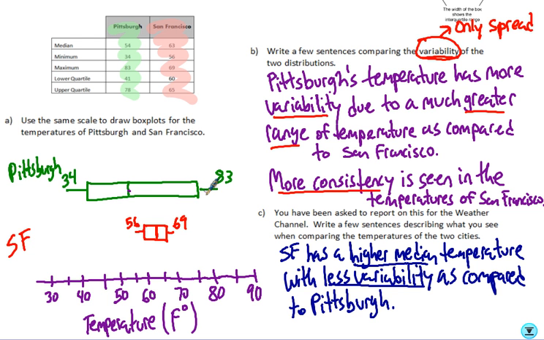So we could say that this one is skewed right, meaning that when it's warmer, the temperatures are more spread out. Or we could say that this one is going to be symmetric. This particular question, I don't have to include all of that. They were actually just looking for 2 items there. All right, so go ahead and pause the video now and try number 2 on the right side.